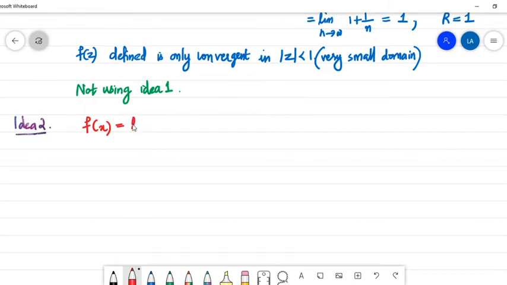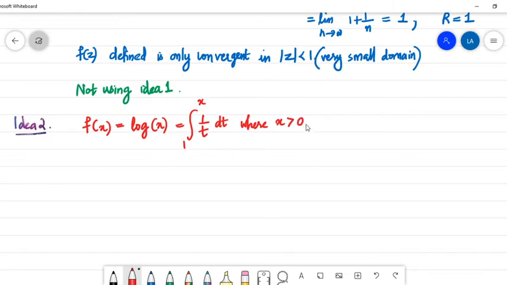Suppose f of x, in the real sense, f of x is equal to log of x, the natural logarithm of x, that is often treated as the integral of 1 by t dt ranging from the lower limit 1 to the upper limit x, where x is strictly greater than 0.